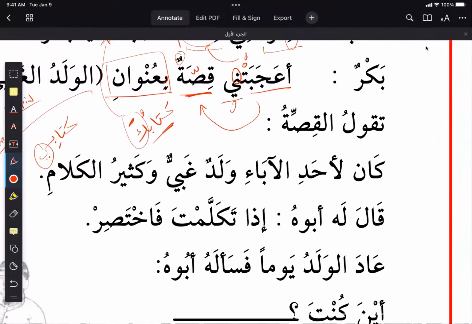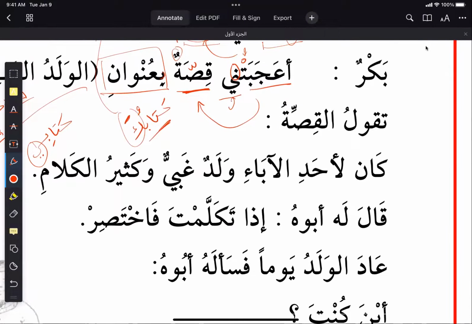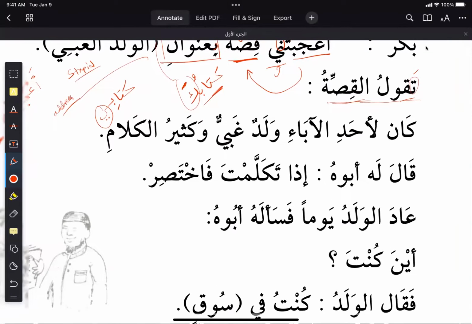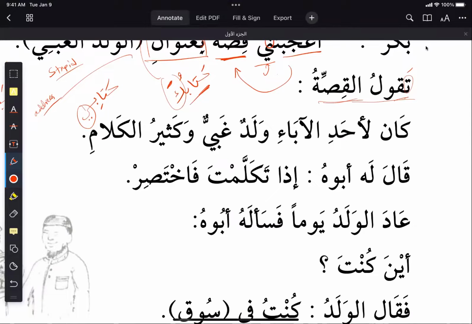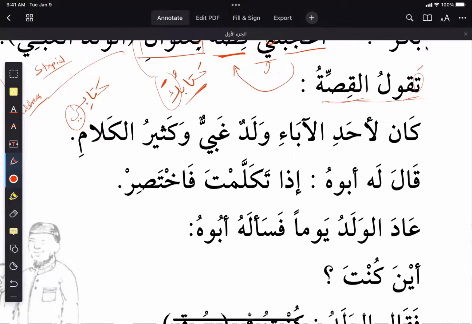And then it goes taqulul qissatu. Okay, so the story says, meaning the story goes. So he's going to narrate the story. And this is the subject, that's what you have to know now. Kana. Let me read the sentence. Kana li ahadil abai waladun ghabiyun wa kathirul kalam.